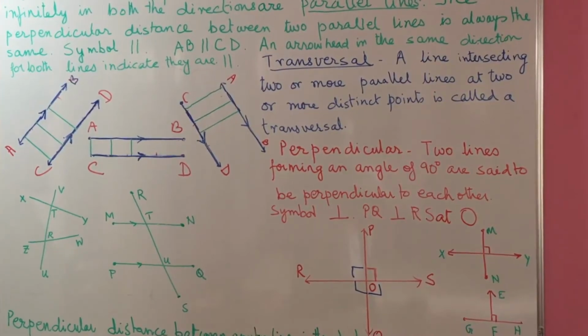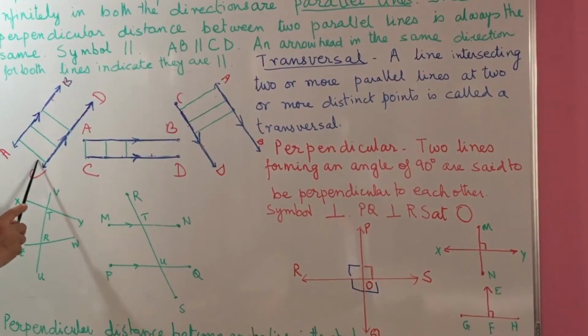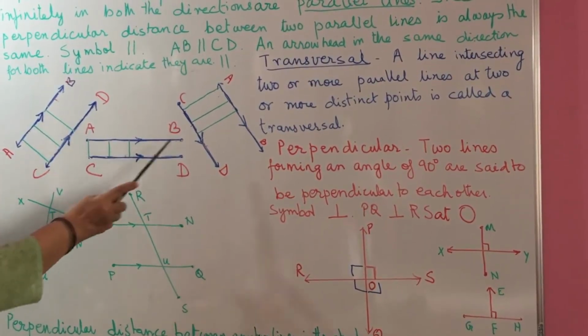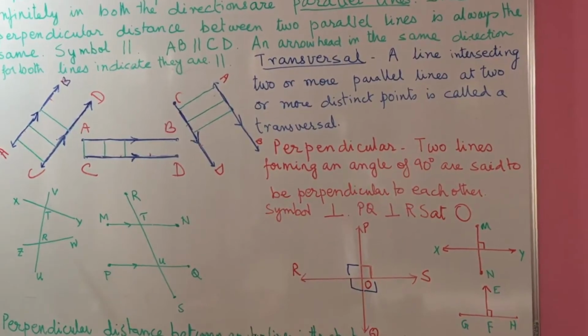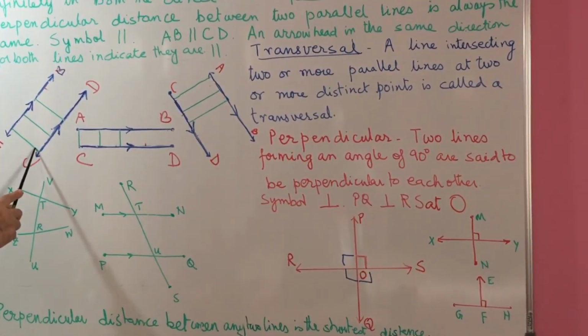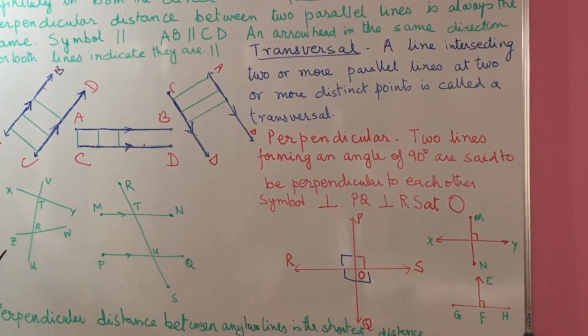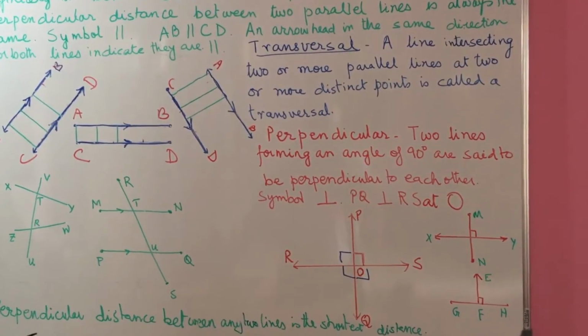With the help of the set square, we have just drawn the perpendicular distances for the three pairs of parallel lines. So, we conclude that the perpendicular distance when two lines are parallel to each other always remains the same.